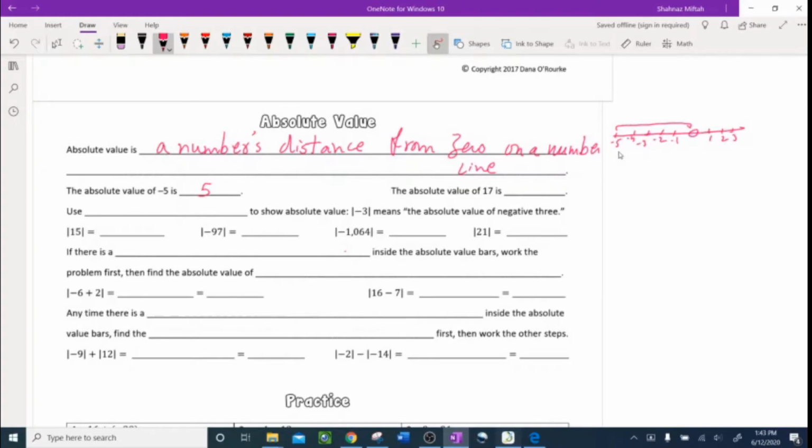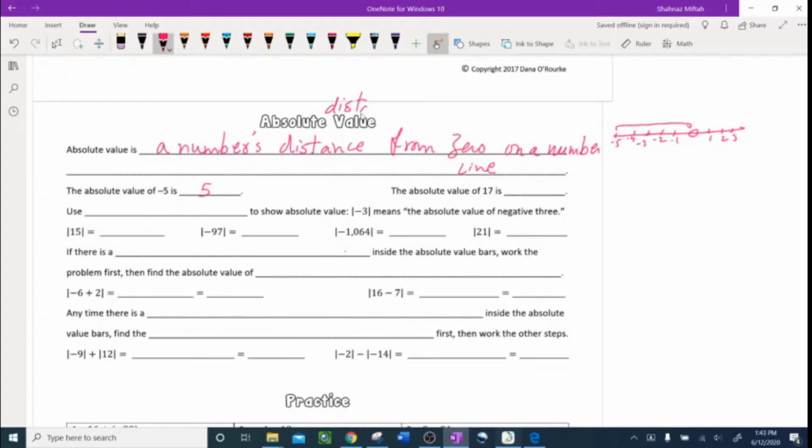So no matter what, my answer is going to be positive because I'm talking about a distance. If you count the spaces, 1, 2, 3, 4, 5, it's a positive 5. Don't say negative 5 because it's on the negative side, because absolute value means distance and it can never be negative.